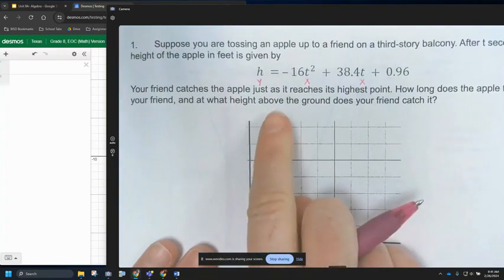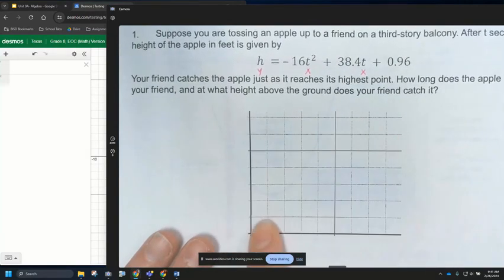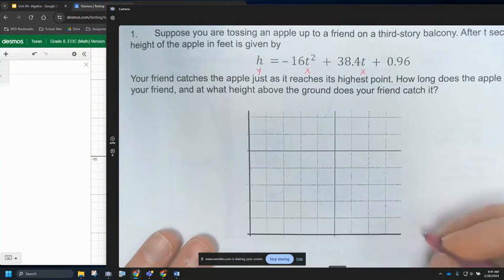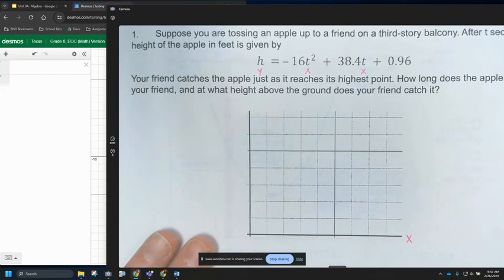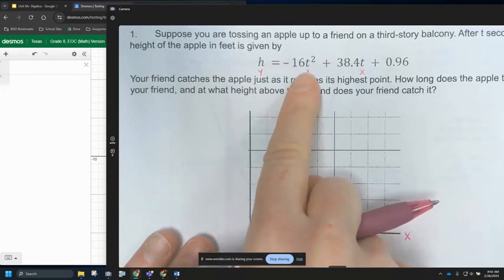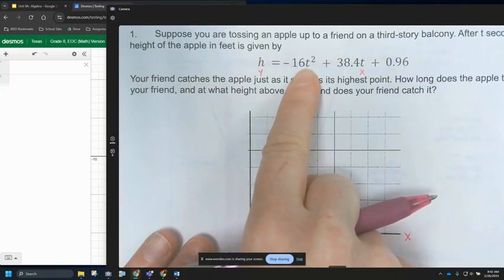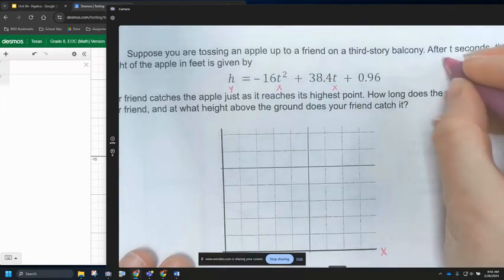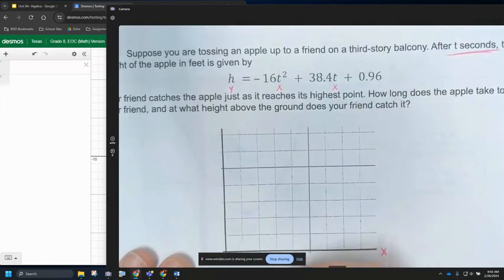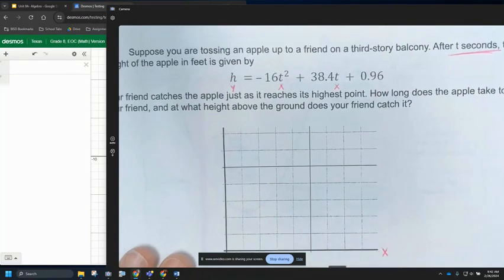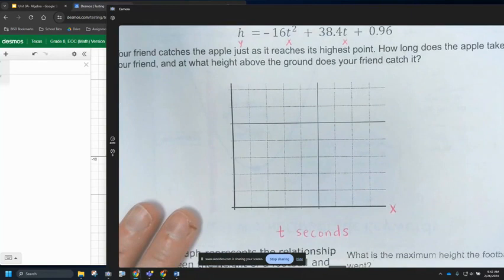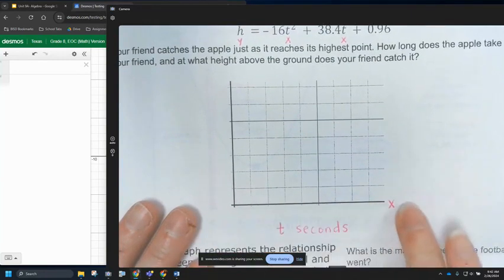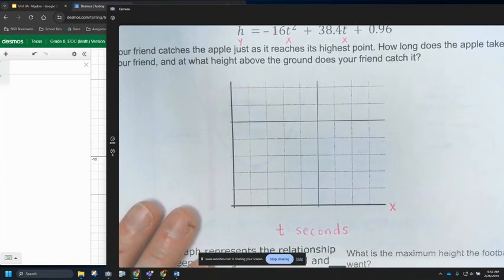Before we put it in Desmos, let's look at our graph here. So this is my x-axis. What does x represent? X represents t, and t is seconds. So I'm going to put t seconds as the name for my x-axis. Make sure you leave some space because we're going to put some numbers here.